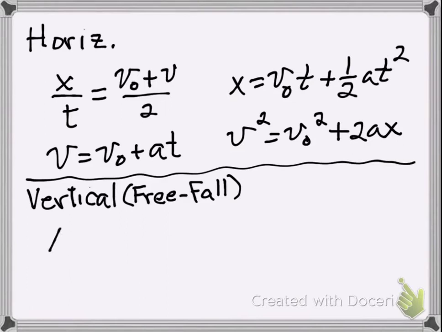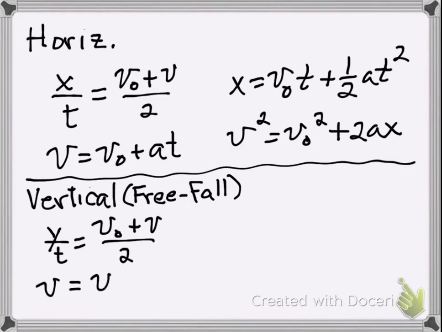So our four equations become y over t is equal to v sub 0 plus v over 2. The second equation is v equals v sub 0 minus gt. What that means is that the acceleration g is directed downwards, and consequently we put a minus sign there. Our third equation becomes y equals v sub 0 t minus 1/2 gt squared.